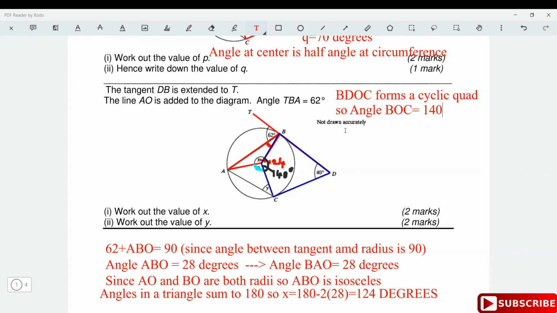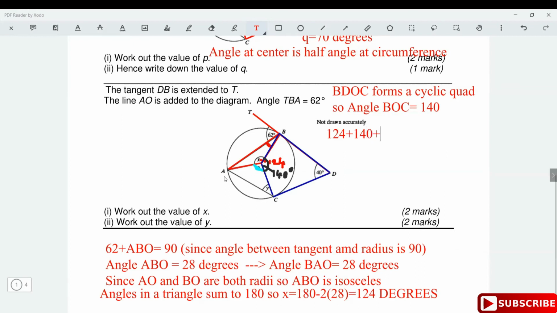And then we know that angles around a point sum to 360, so 124 plus 140 plus angle AOC is supposed to equal 360.